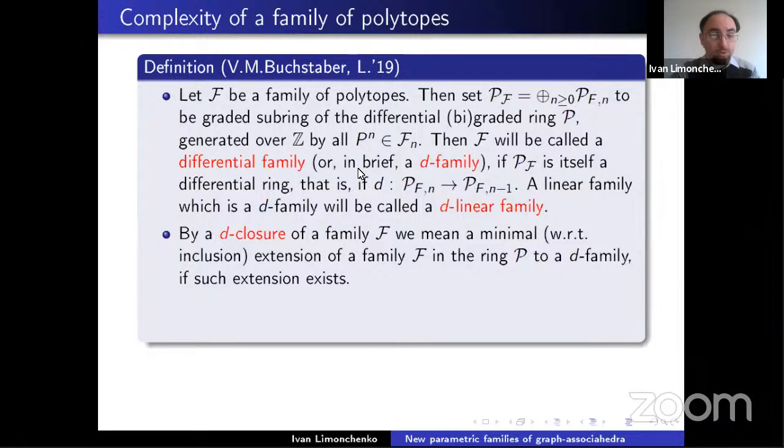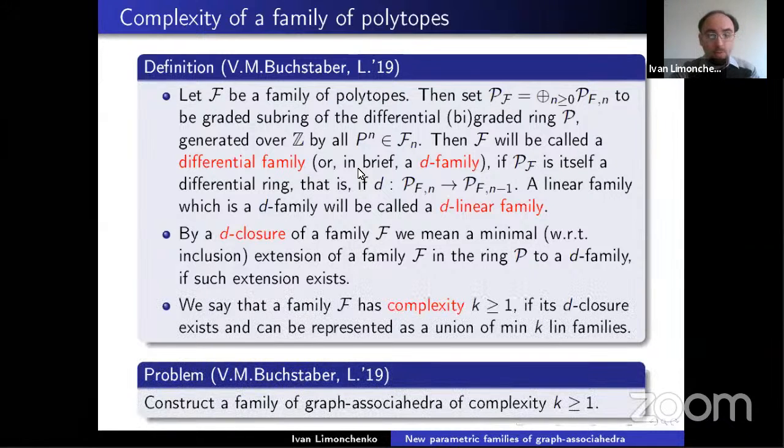Sometimes families are d-closed, d-families, sometimes they are not. And if they are not closed under differential, you can sometimes make a union of families such that it will be d-closed. The smallest extension to a d-closed family will be called a d-closure of such a family.